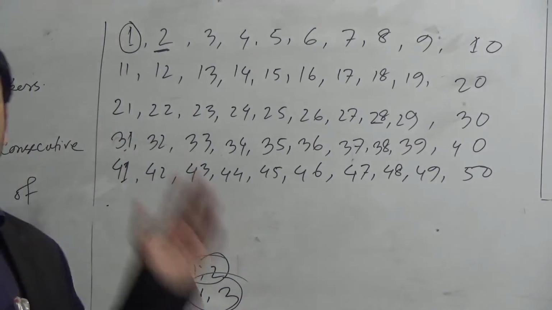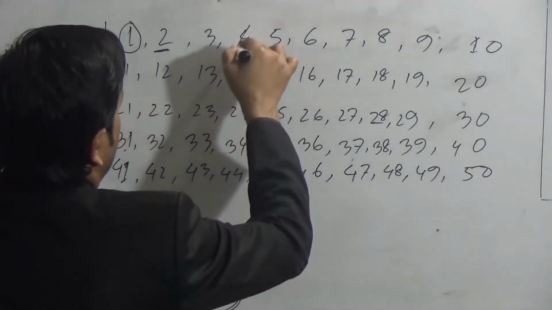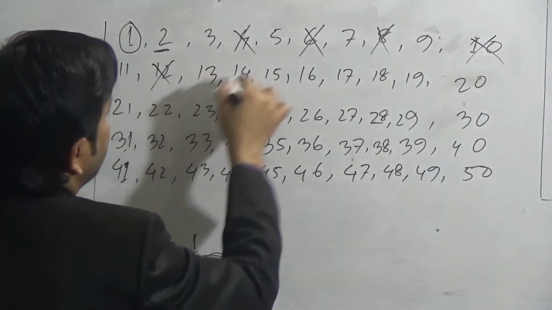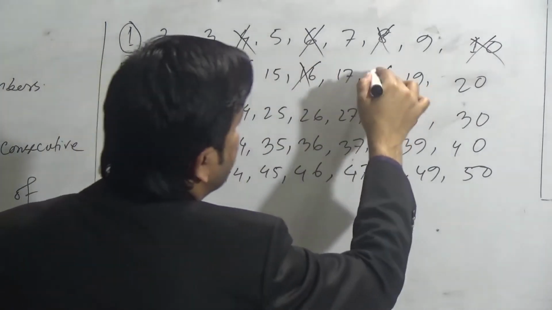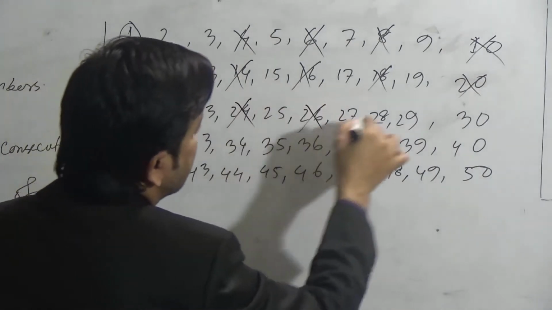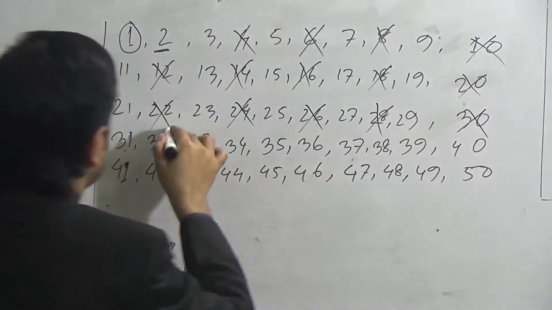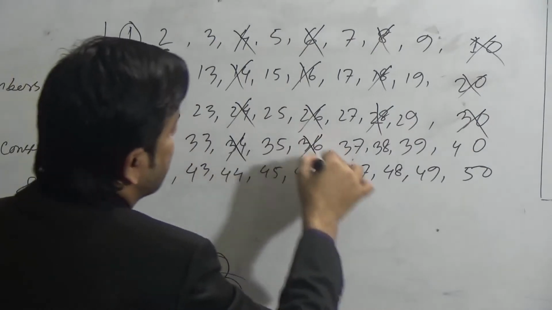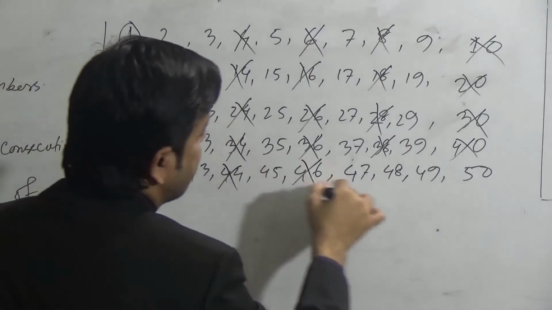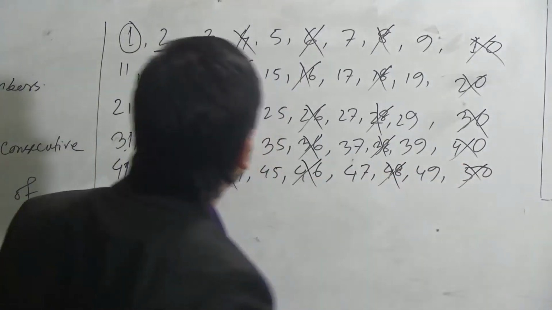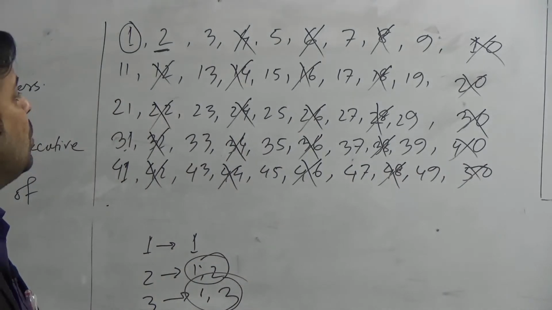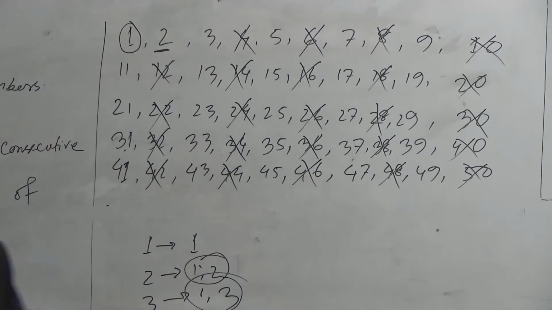So we can cut all the even numbers except 2. 4, 6, 8, 10, 12, 14, 16, 18, 20, 22, 24, 26, 28, 30, 32, 34, 36, 38, 40, 42, 44, 46, 48, 50. All these are even numbers, it means divisible by 2. So these are not prime numbers, so we can cut these numbers.